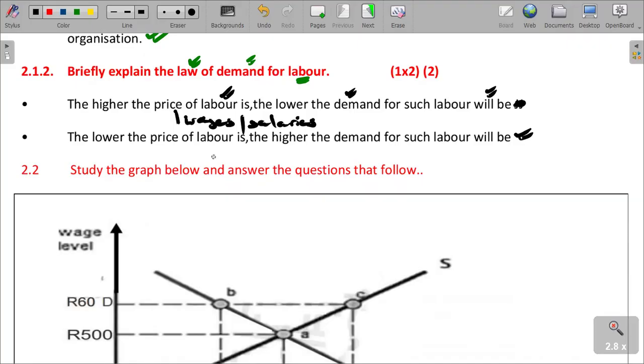So the law of labor demand is that the lower the price of labor, the higher the demand for such labor.